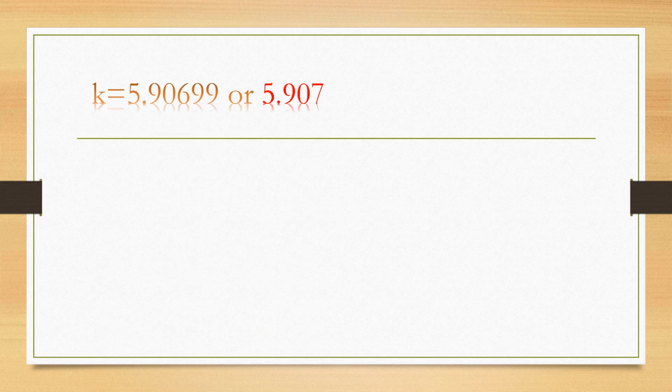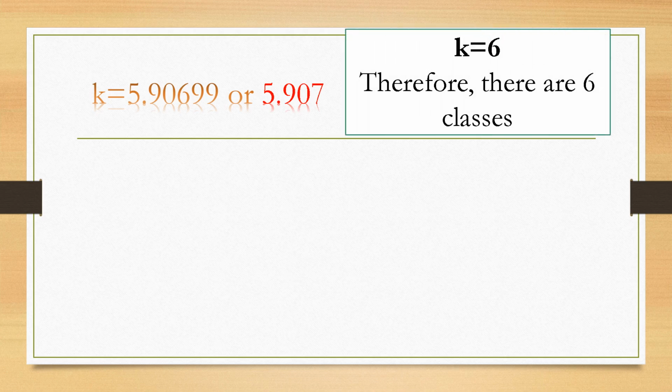Since our value of K is 5.9069, or 5.907 rounded to three decimal places, we always round it up to the next whole number. Therefore, the next whole number after 5.9 is 6.